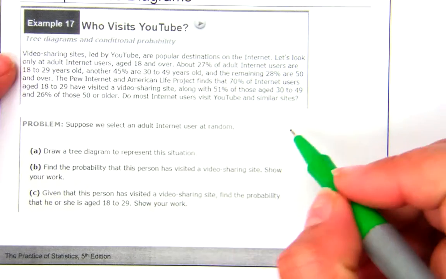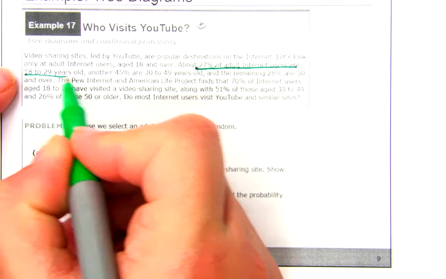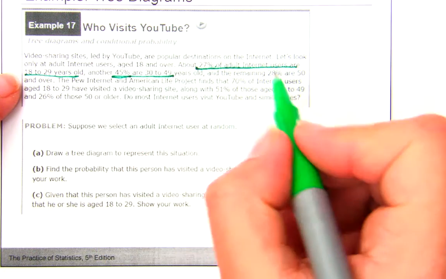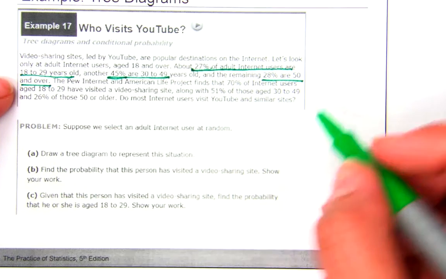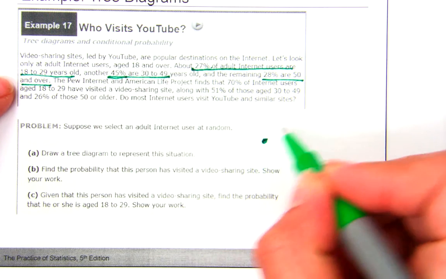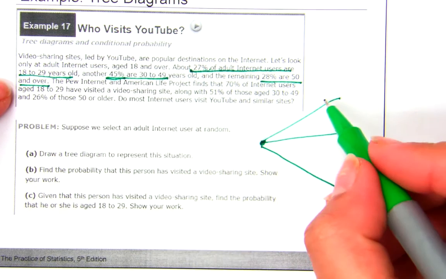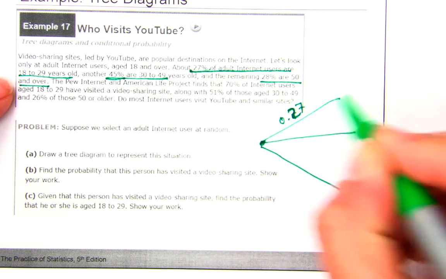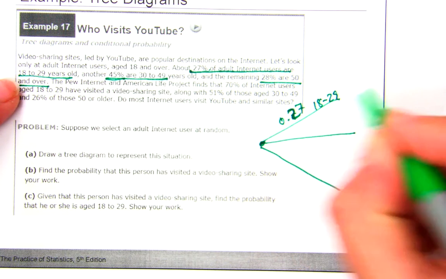We just need 3 branches. So you have 27% are 18 to 29, 45% are 30 to 49, and 28% are 50 and over. So technically, in your tree diagram here, you're going to have 1, 2, 3 branches. One branch is going to be 0.27 for your 18 to 29 year olds.